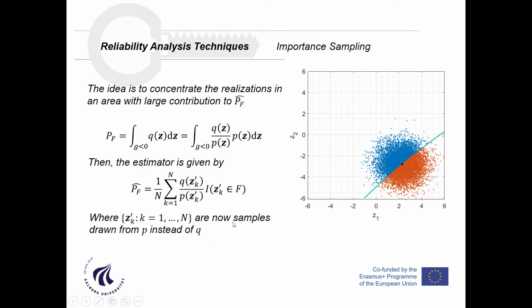So now the samples will be drawn from p instead of q, and we will take into account this movement, let's say, of the origin with this quotient here, q divided by p. But now remember that the samples will be drawn from p instead of q.